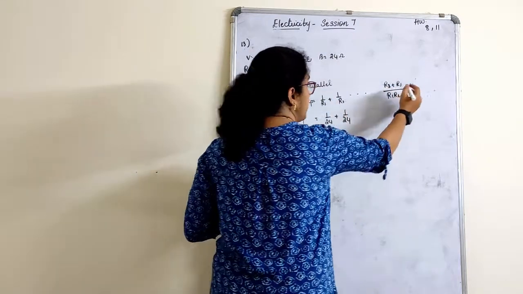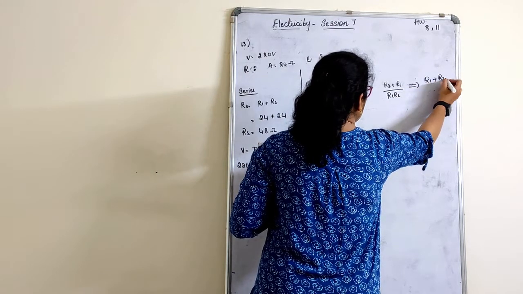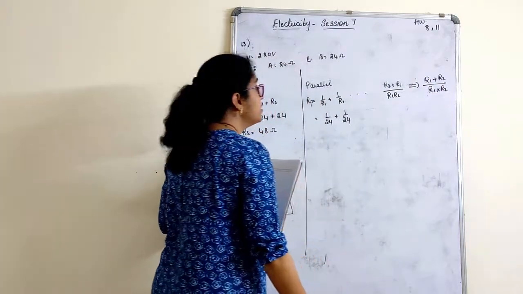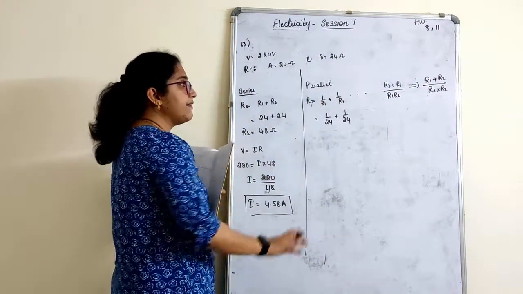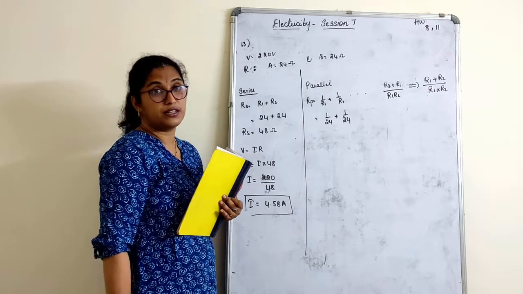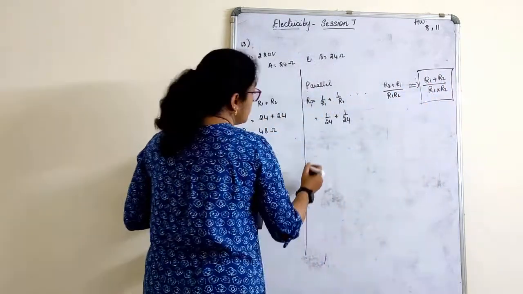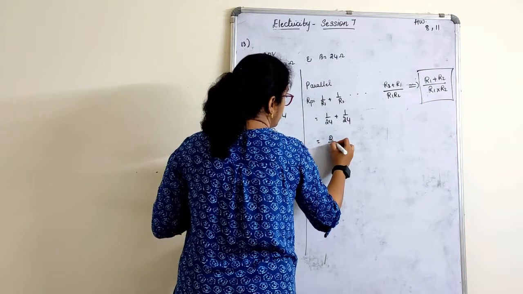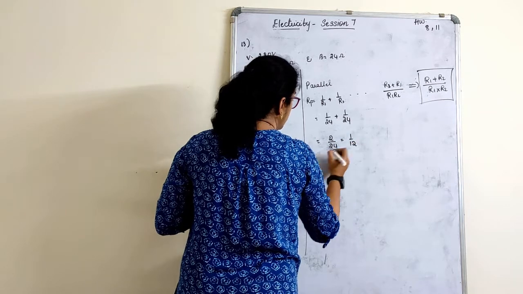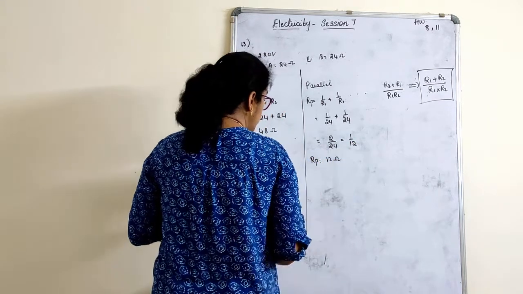When we cross multiply, it can be written as R1 plus R2 divided by R1 into R2. So for a parallel combination, directly we can write it as the sum of the resistances divided by the product of the resistances. Remember this one formula. So 2 by 24, which is 1 by 12. So Rp is 12 ohms.